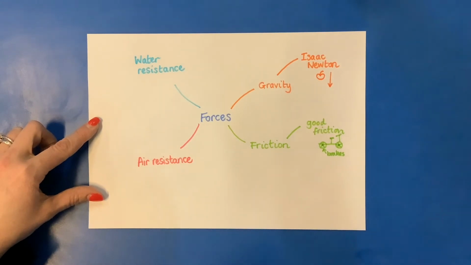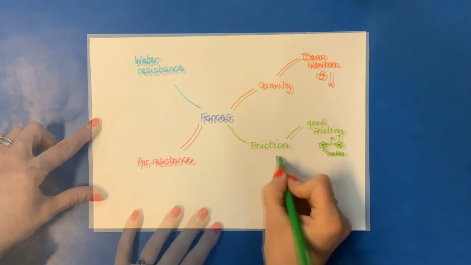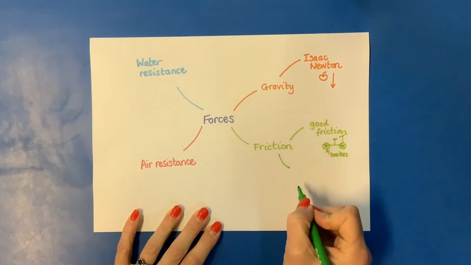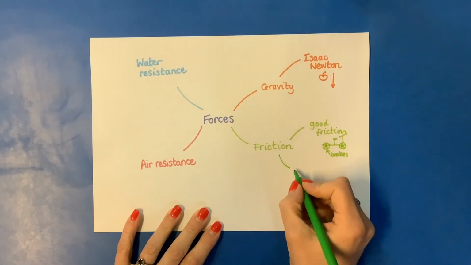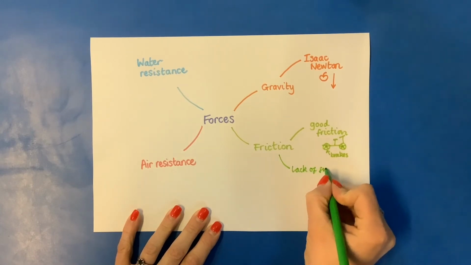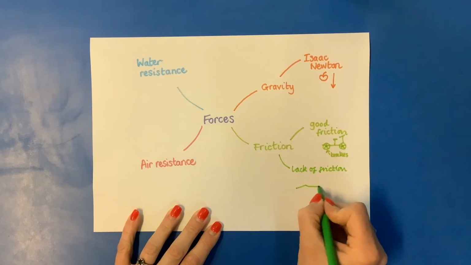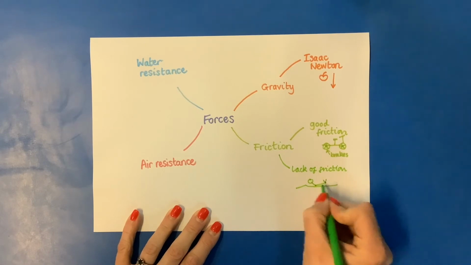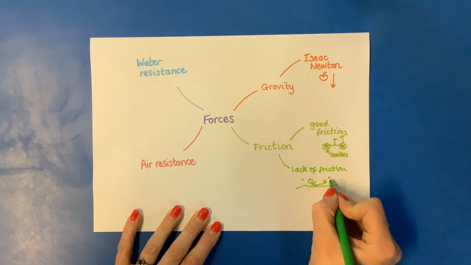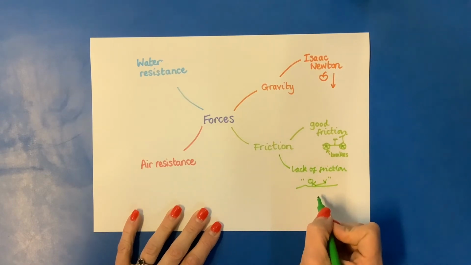And if you're not sure what I'm talking about at the moment, that's fine, because we will unpick all these ideas through the term. Sometimes we can say that there is a lack of friction. So someone slipping over, for example, on an icy road, there was a lack of friction and therefore they hurt themselves.